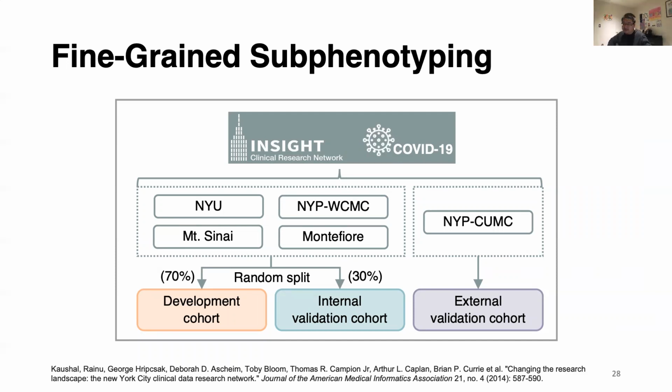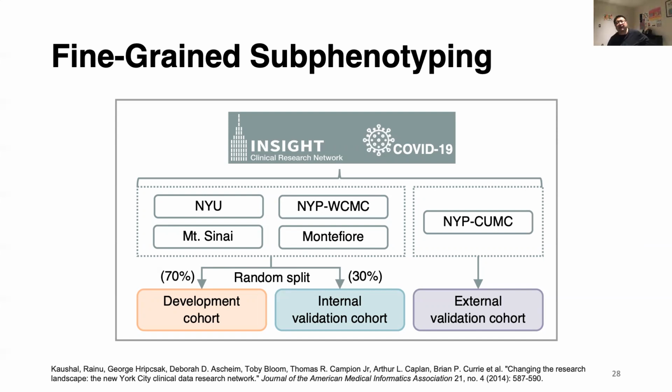But another thing, as we explained in the deep phenotyping concept, we also want to identify the homogeneous subgroups among the COVID-19 patients to understand if there are any homogeneous groups which may represent different disease mechanisms. So we have done some study based on the INSIGHT data, which is a clinical research network across New York City.